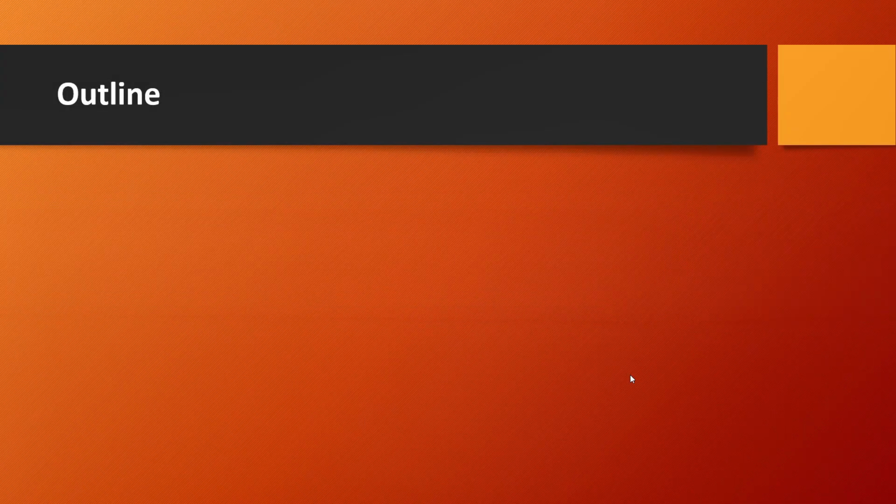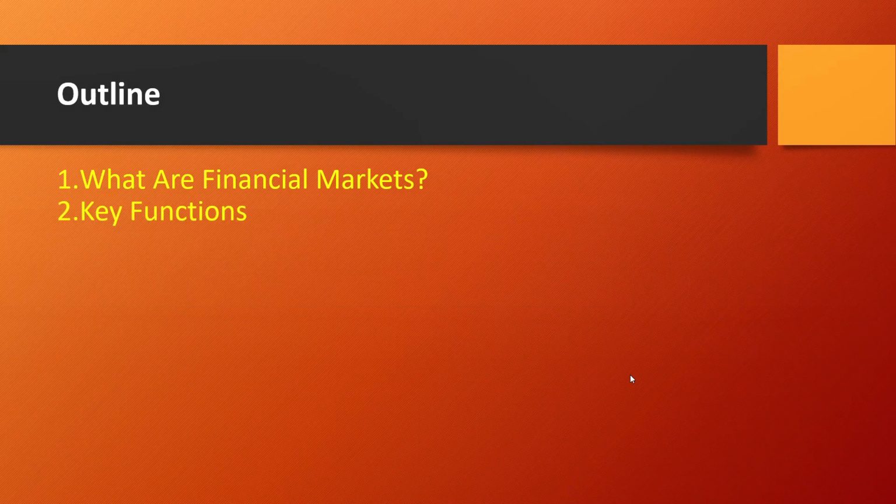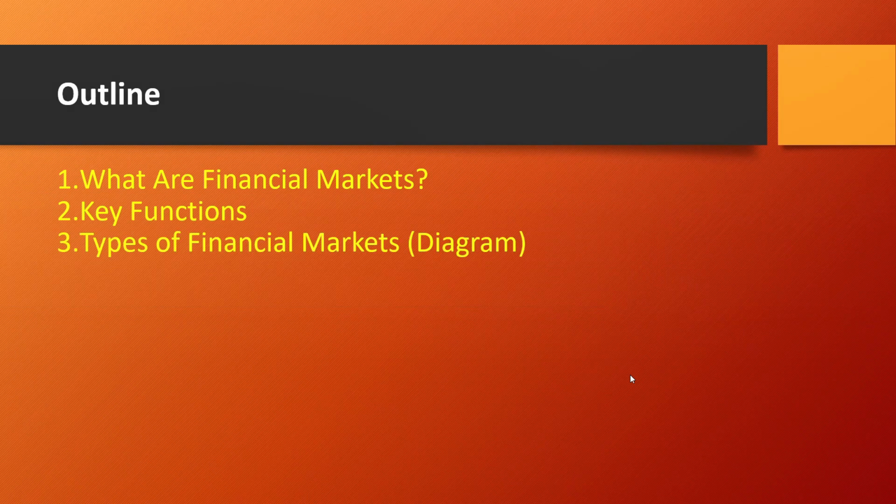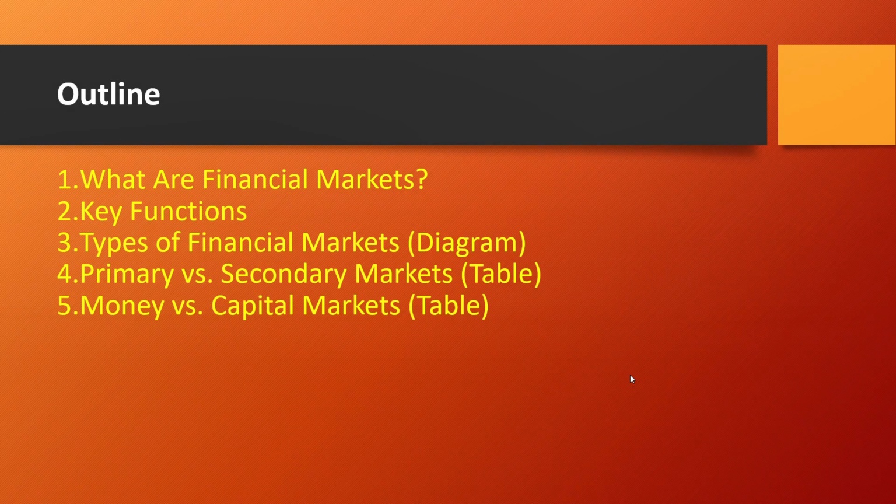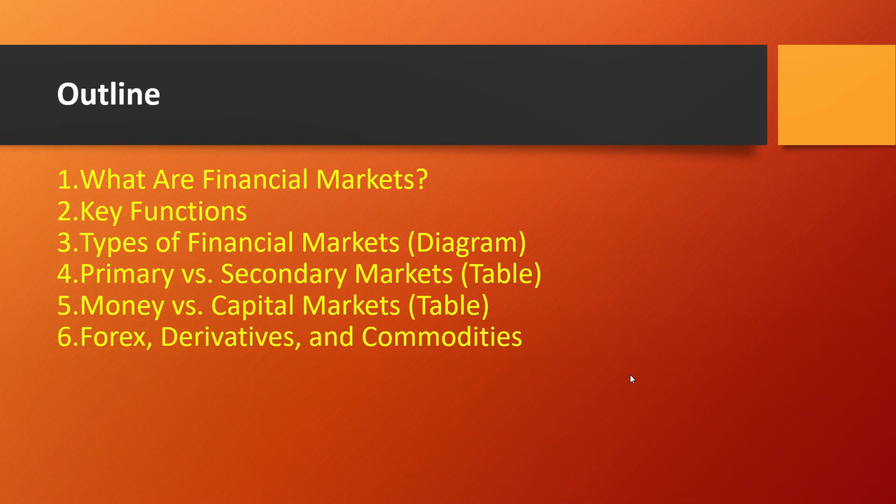Before we jump in, here is what we will cover today. First, what are financial markets and why do they exist? Second, their key functions and importance in the global economy. Third, the different types of financial markets: primary, secondary, money, capital, forex, derivatives, and commodities.